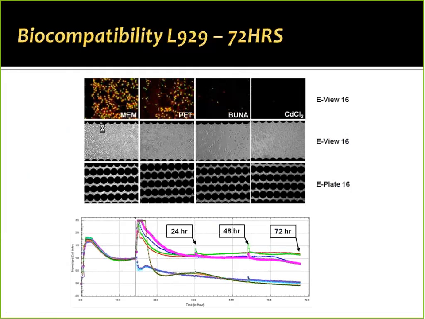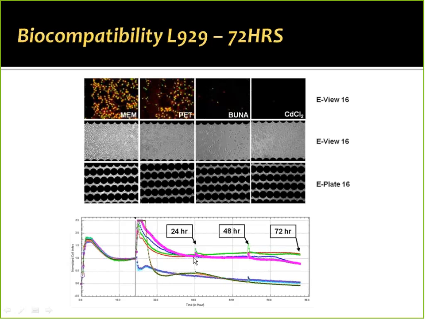But we wanted to validate the E-view plates compared to the E16 plates to make sure that the cell index was not being impacted negatively by having removed these 4 different microelectrode arrays. Again, these are controls, negative controls, media, the PET membrane, butadiene, and cadmium chloride. And this is the E-view plate, so you can really see the cells more clearly. And this is using an E-plate and trying to do some microscopy.